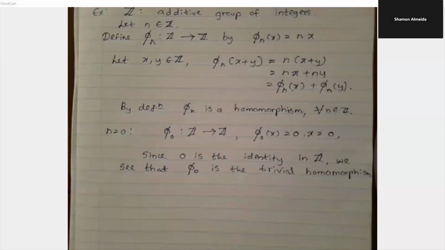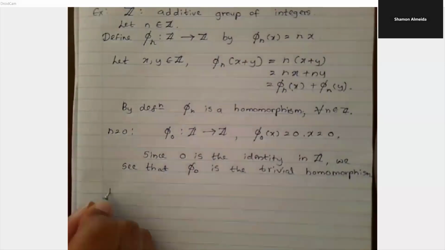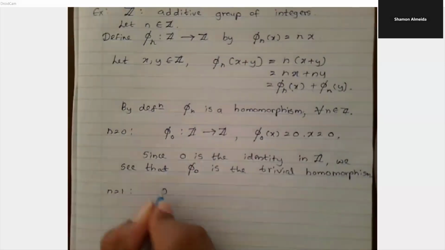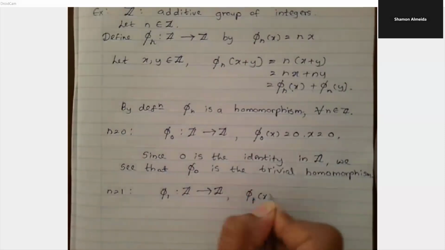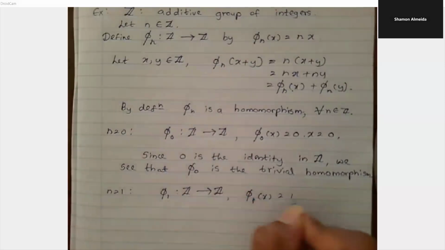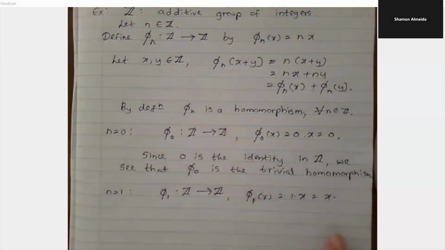Now, if we take n equals 1, then we have phi 1 from Z to Z, defined by 1 times x, which is equal to x. You have the identity map. You are taking any element x from Z, mapping it to itself. So when n is equal to 1, you get the identity, right?